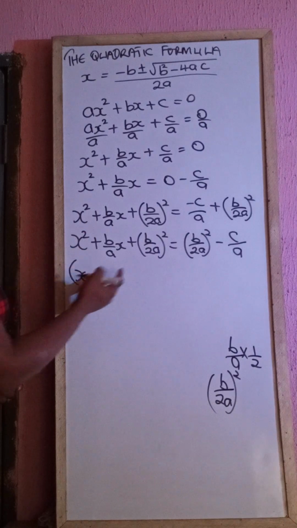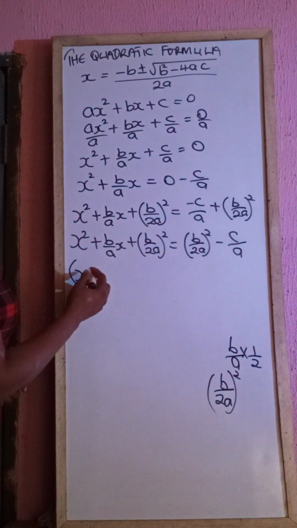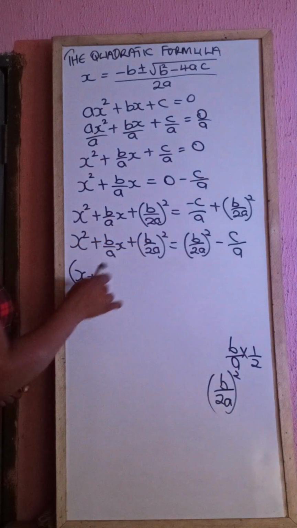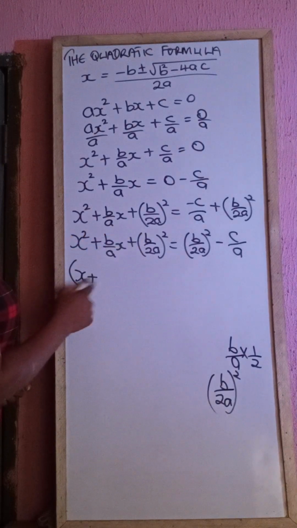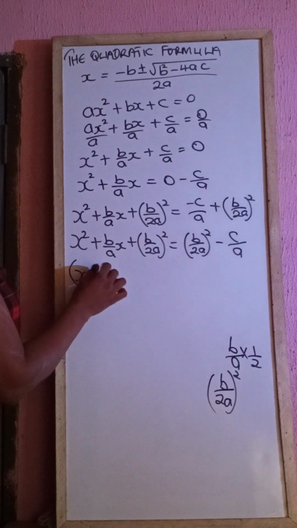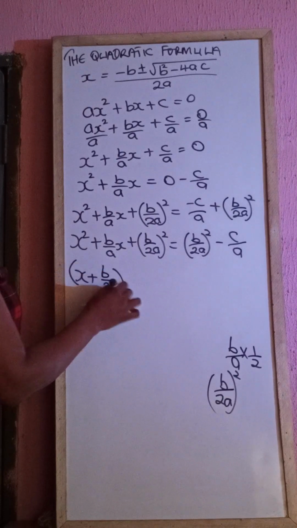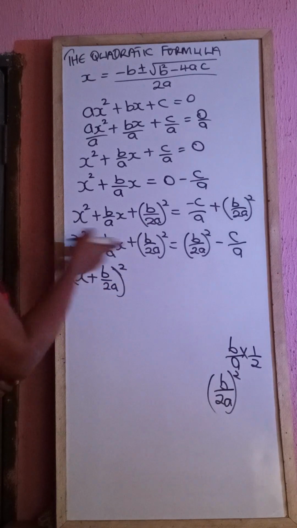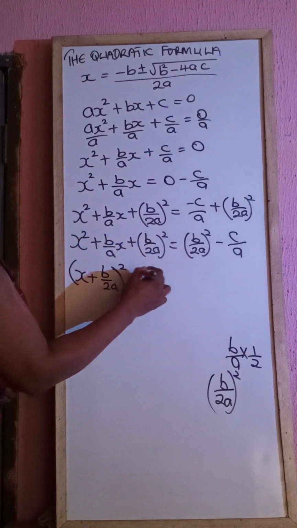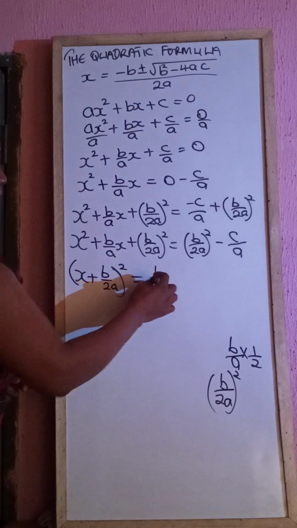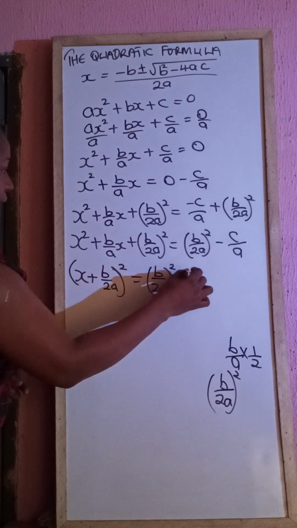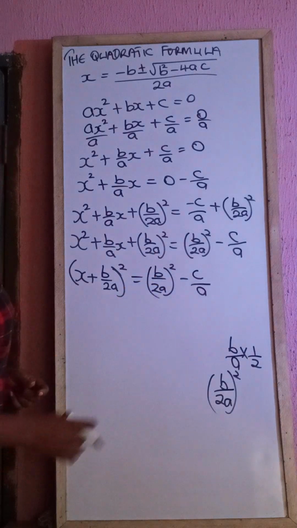Then whatever you have inside this bracket, pick it up. If there is a minus attached to it, it will now be minus. But because this one is positive, we are using plus here. So x plus b over 2a, all squared. By the time you expand this, you're going to get back what you have here. So this is equal to (b over 2a) squared minus c over a.